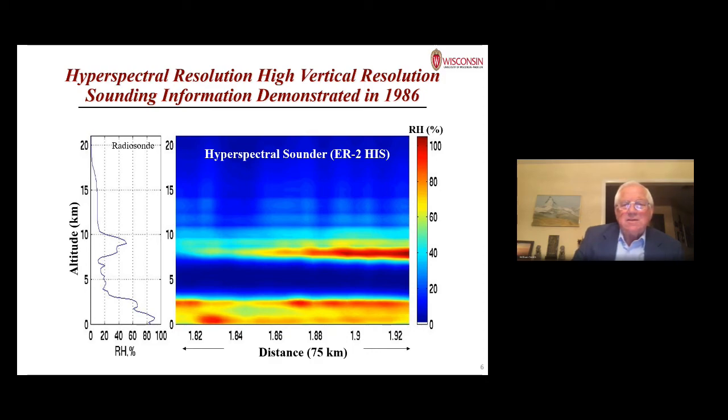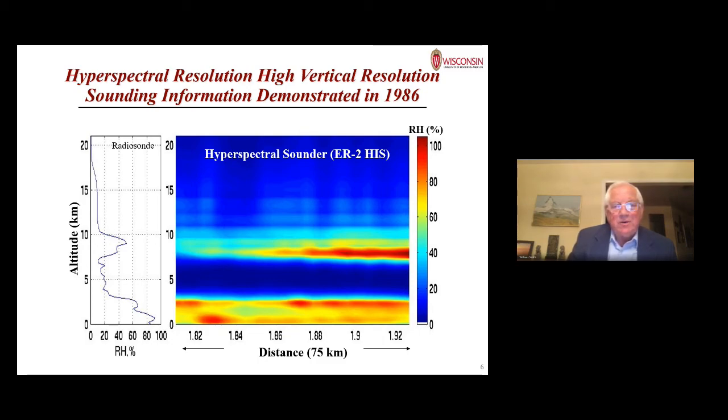And this is the water vapor retrieval, the humidity that we retrieved from those thousands of spectral radiance channels that were observed with this interferometer. And you can see very high vertical detail in this water vapor structure. The red is high humidity, and the blue is very low humidity, as you can see here.